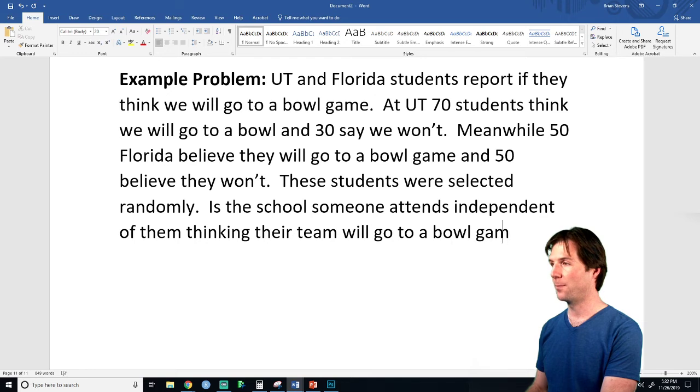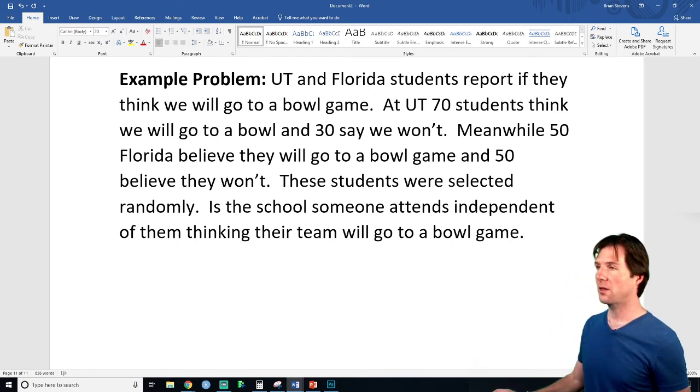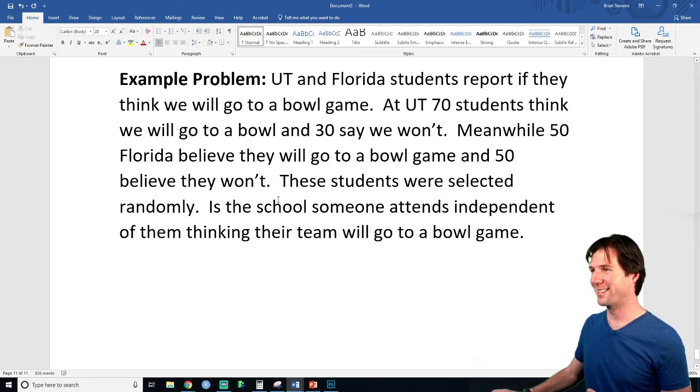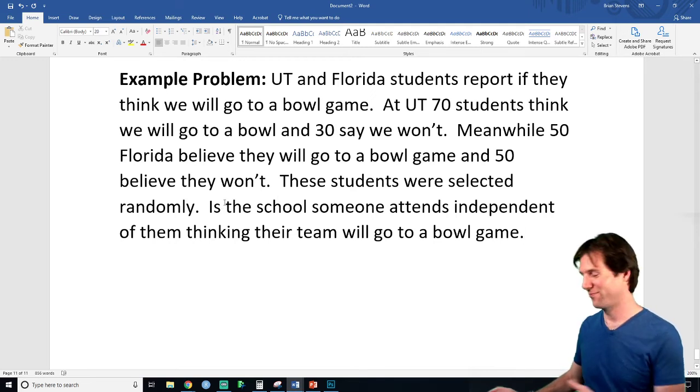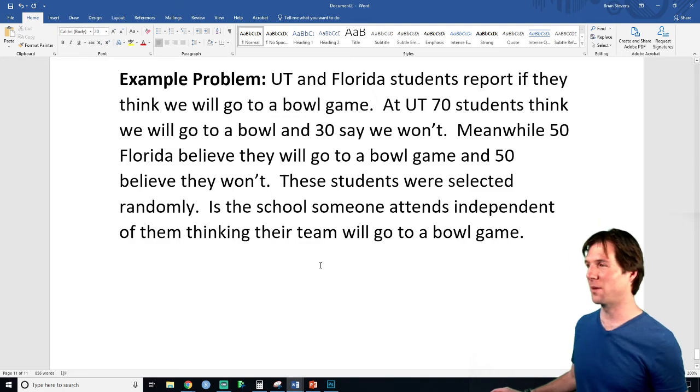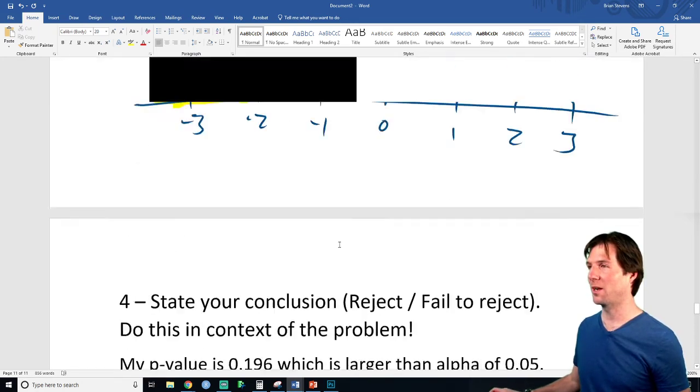Is the school someone attends independent of them thinking their team will go to a bowl game? So that's kind of the clue right there. Let's go with that. Grammar, we're not here for that.